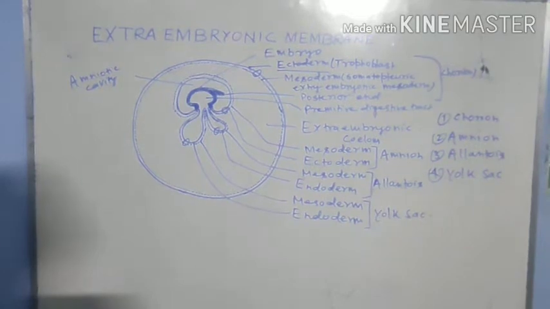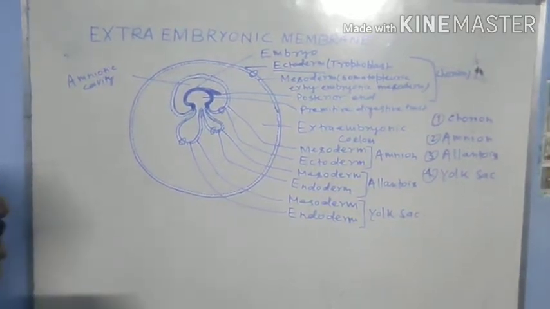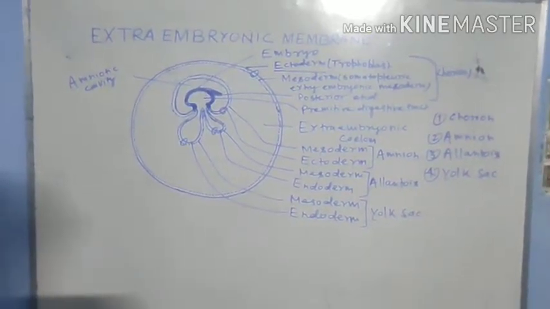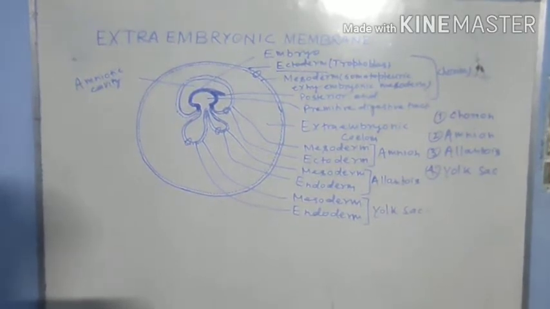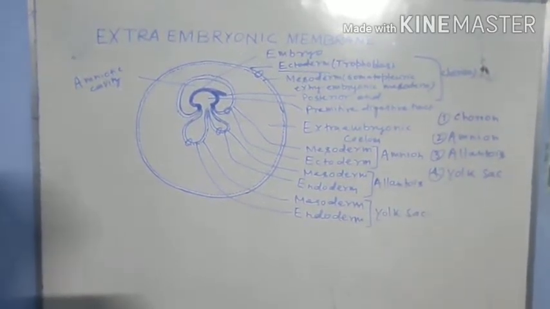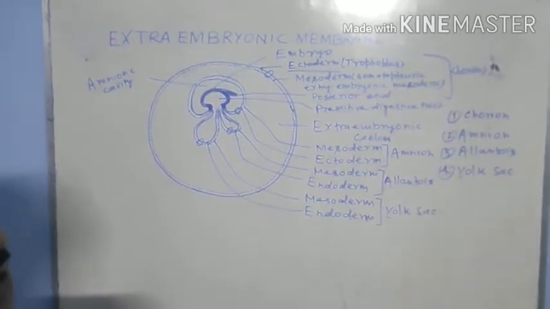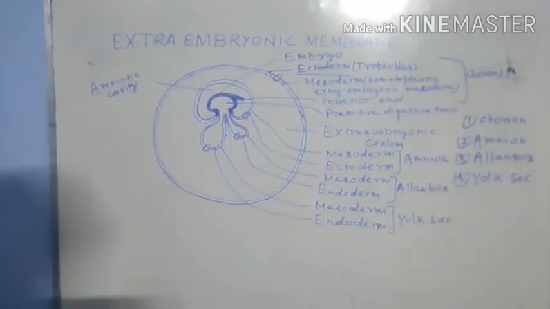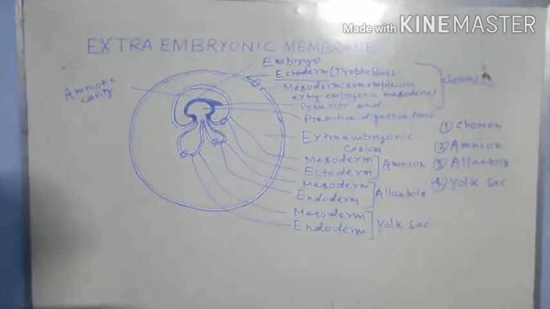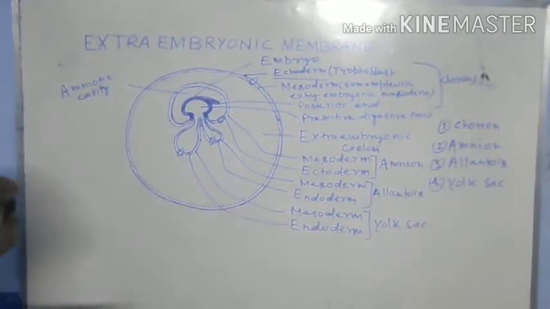It forms chorionic villi, which later help in the formation of the placenta, which provides nourishment and respiration to the developing embryo.